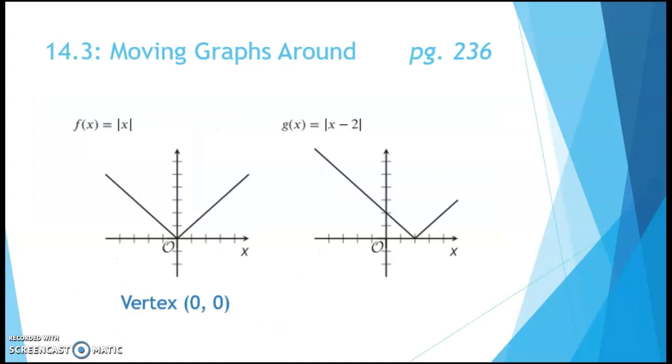Let's start. Our graph on the left is f(x) = |x|. That's our parent graph with a vertex at (0, 0). The first graph we're going to look at is g(x), and that is equal to |x - 2|. We can see that this graph shifted to the right 2 places, and our new vertex is (2, 0).